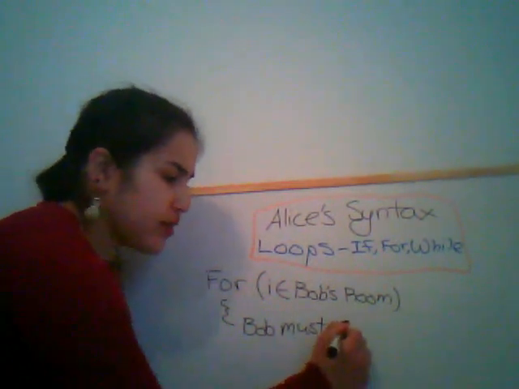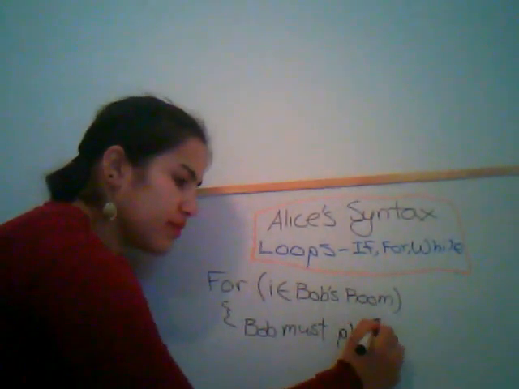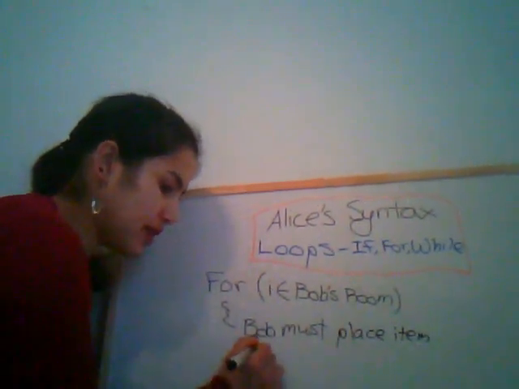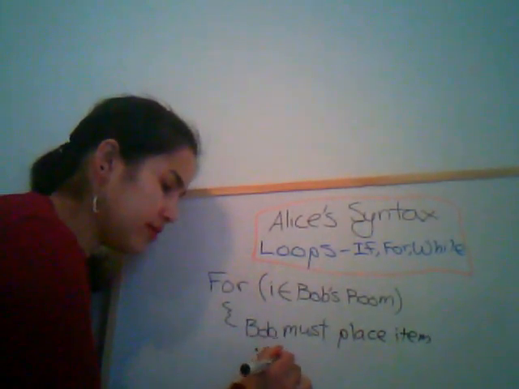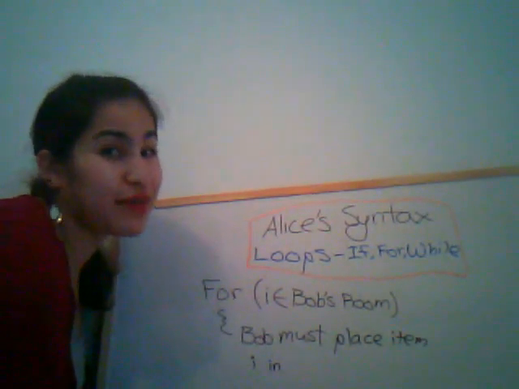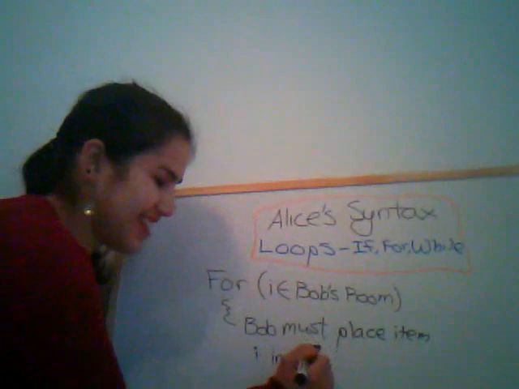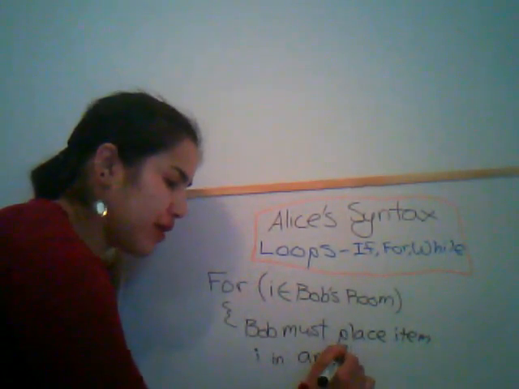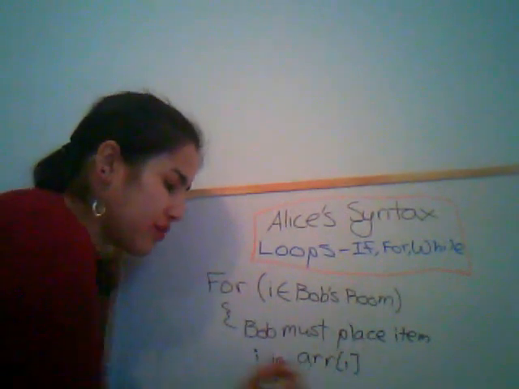In assigned place. Place item in, let's make an array just for fun because we all love arrays, don't we? In R at the I place, when R is the placement of everything in Bob's room.